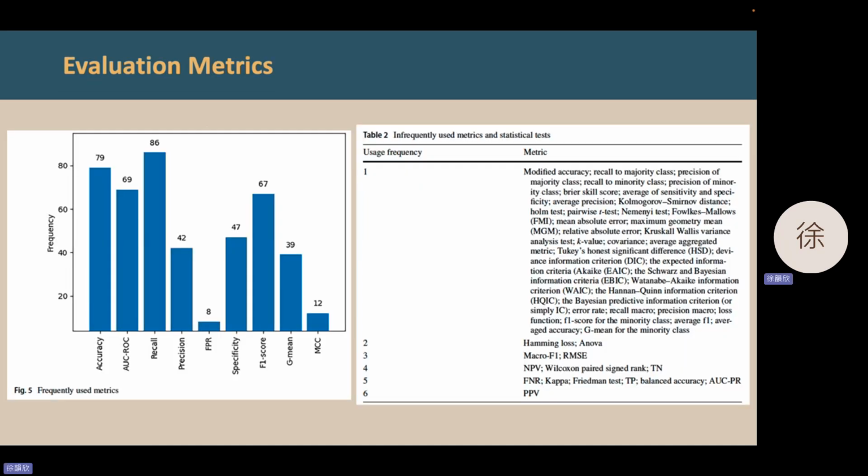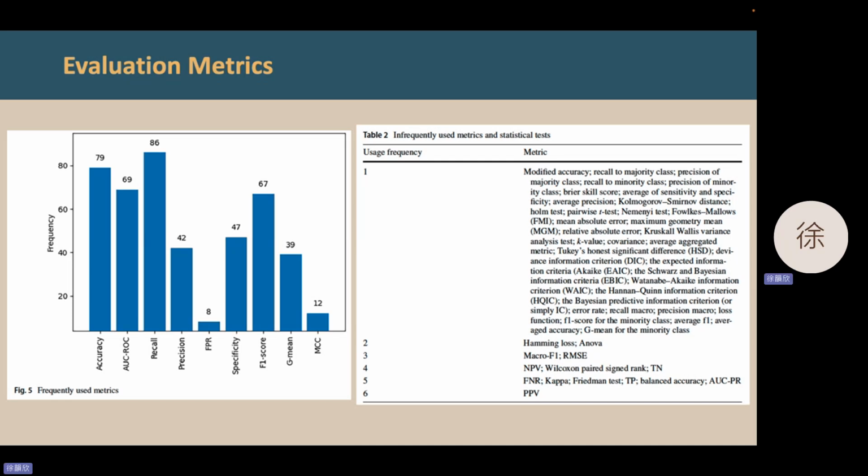So this is Figure 5 and Table 2. They illustrate commonly used and less commonly used evaluation metrics. Figure 5 shows the most frequently used evaluation metrics when researchers study the problem of class imbalance in medical data. These metrics are used to judge how well their proposed methods perform in disease prediction.